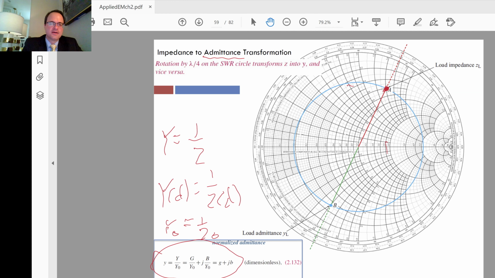Again, we normalize relative to Y naught. The normalized value of the admittance has both a real and an imaginary part to it.